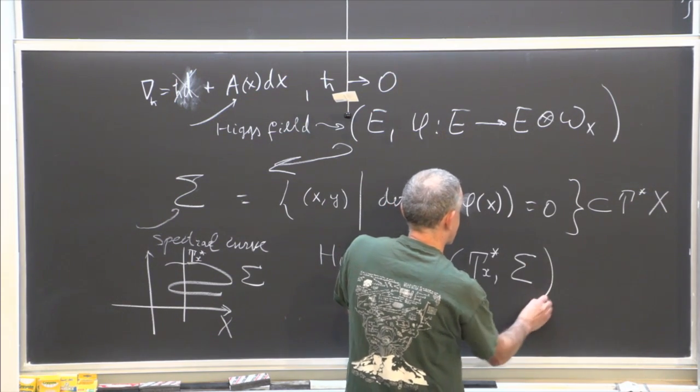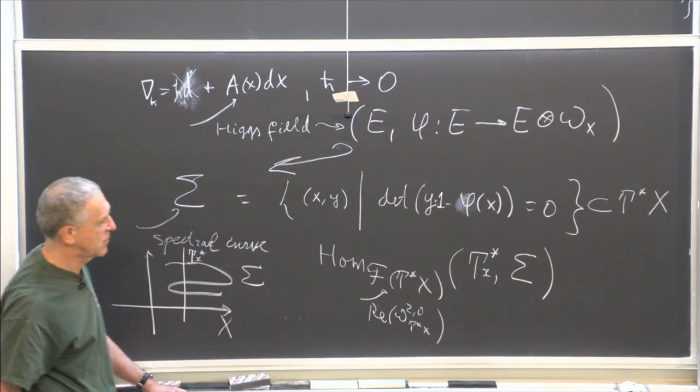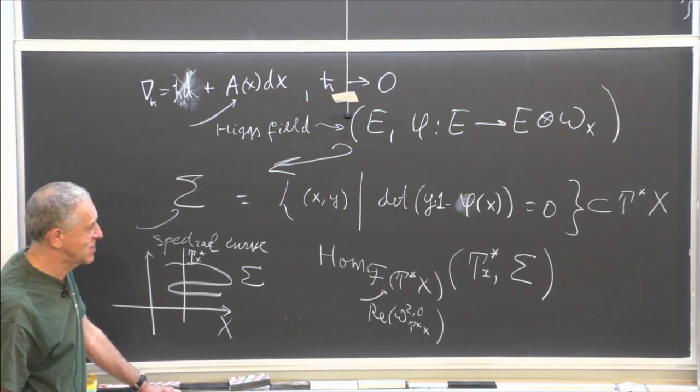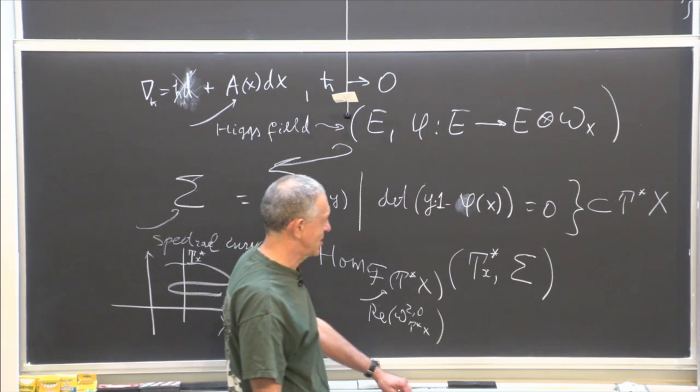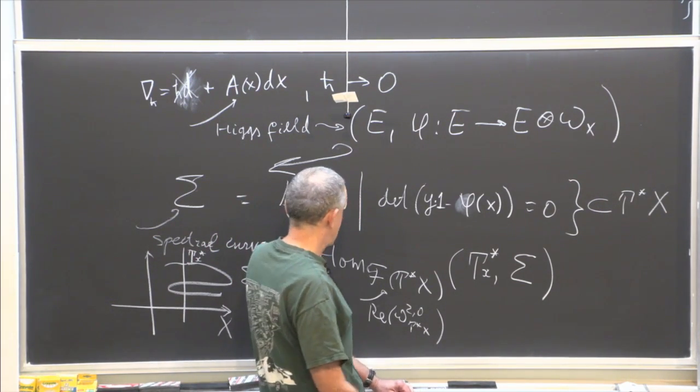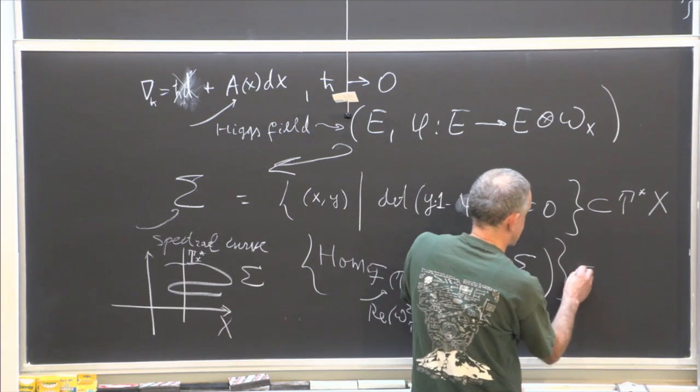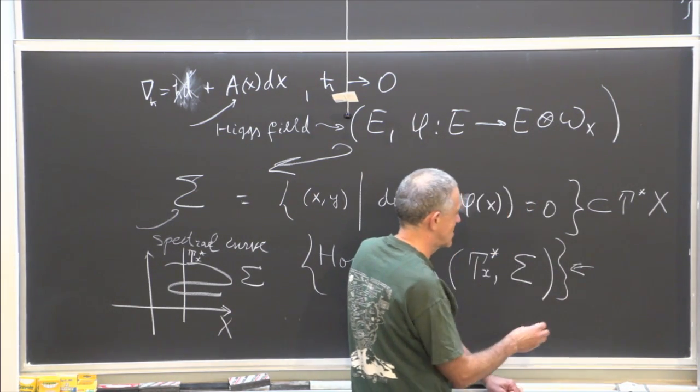And so we can consider the family of graded vector spaces, but let's forget about the grading. And so this family is a locally constant sheaf, at least if x is generic.